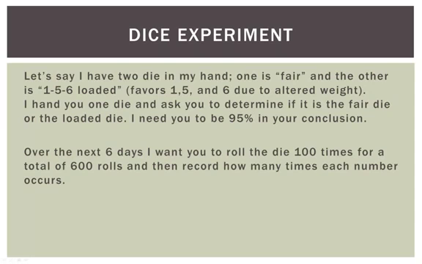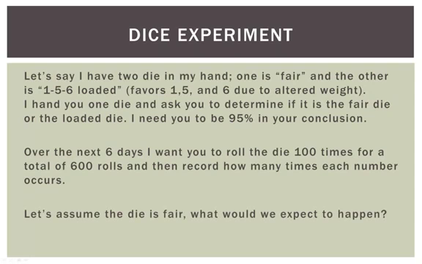number comes up. Now, let's assume, okay, that the die I gave you is fair. Let's assume that. What would we expect to happen? What would we theoretically expect to happen over these 600 rolls?